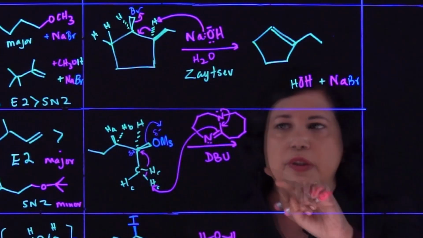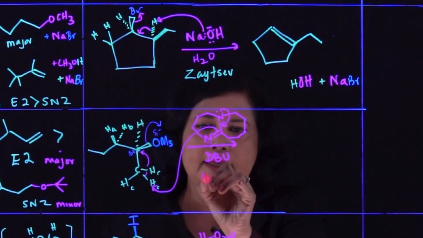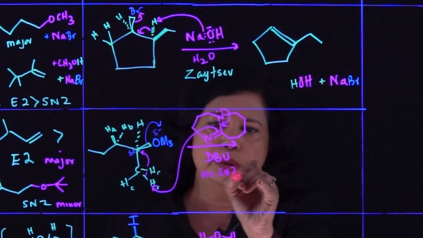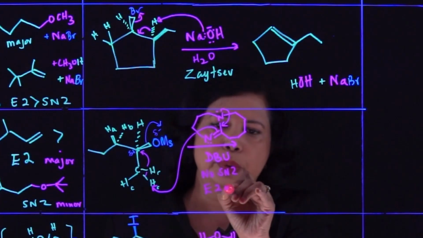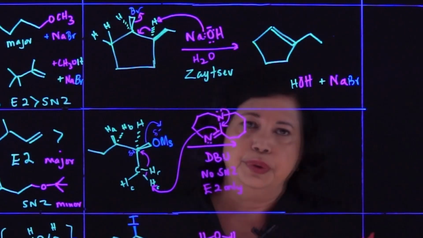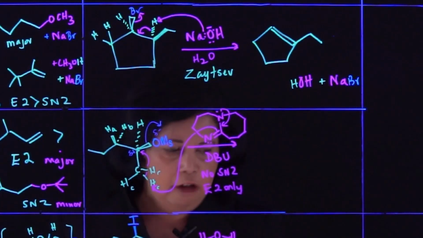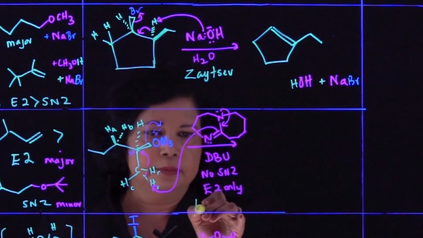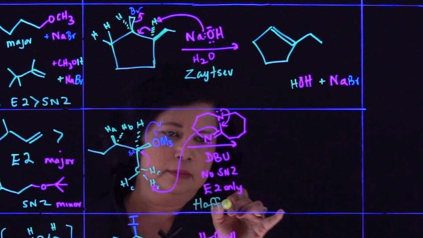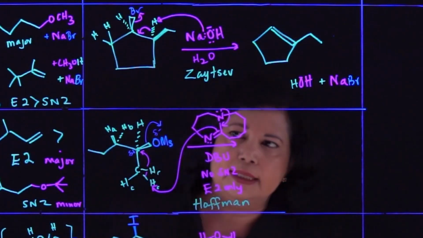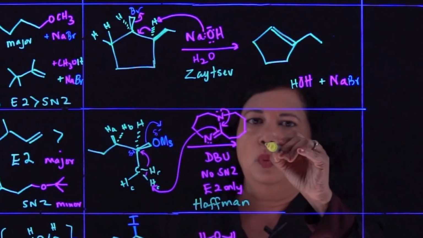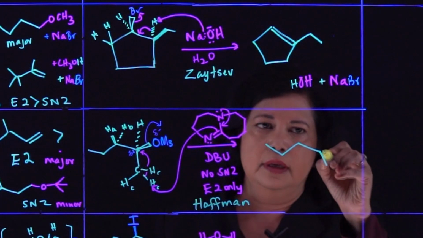So when you have a very strong, large base like this, no SN2, E2 only. However, you do not get the Zaitsev product, you get the Hofmann product. That means the less substituted alkene is the one that's favored.